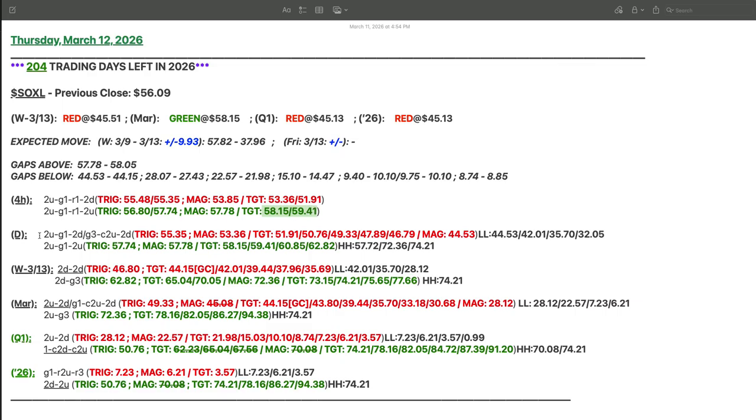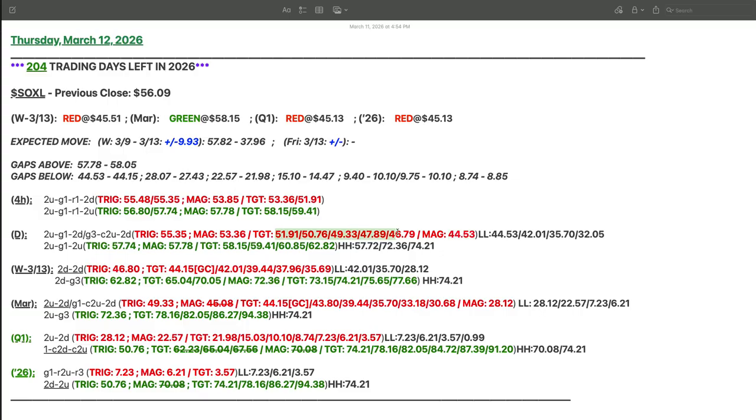We talked about on the day, if we go to the downside, that triggers that 2-1-2 down at 55.35, magnitude of 53.36. So that move right there is decent enough size. But if we do get to that 53.36 and get below it, then we trigger that 3 combo 2 up, 2 down. And the magnitude of that move is all the way down there at that 44.53.